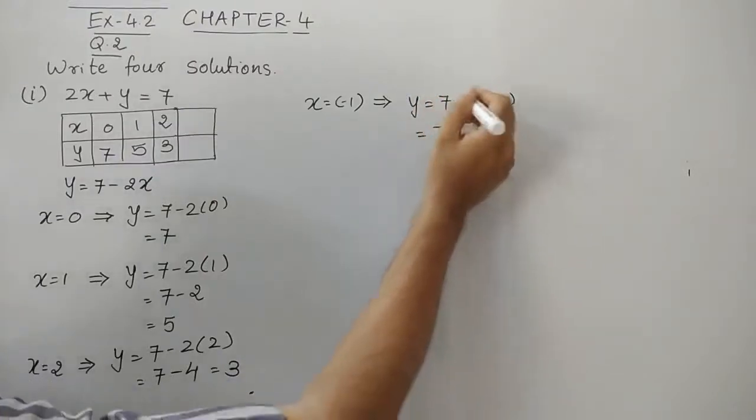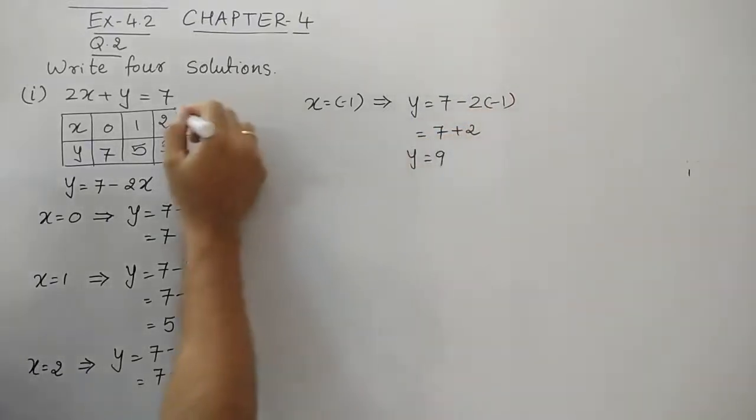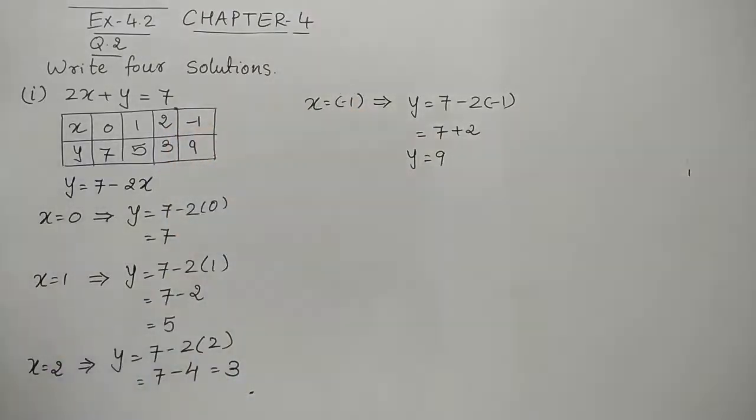So minus minus plus, 2 is 2. So we obtain y is equal to 9. Again one more time students, try to avoid negative values, because sometimes it goes wrong in simplification. So we'll try to avoid.